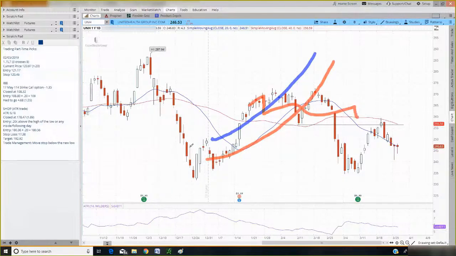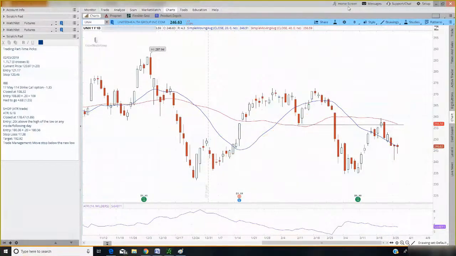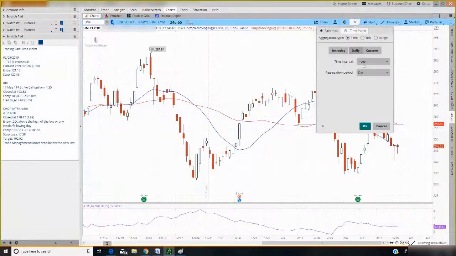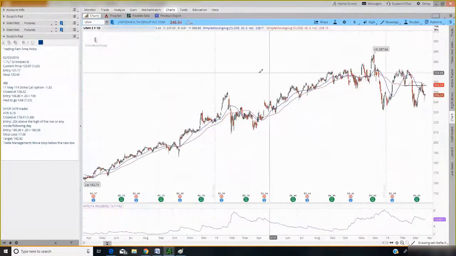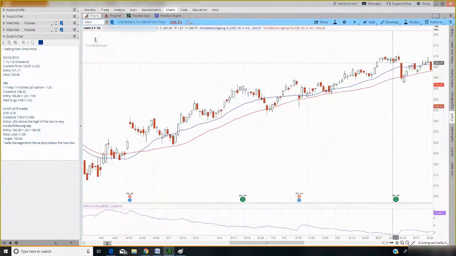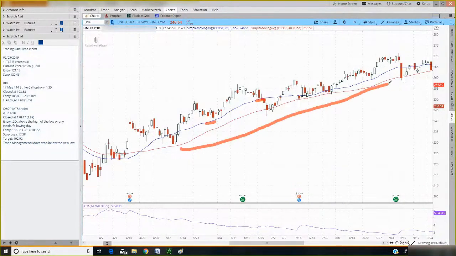This has to be going up to the upside, and this has to be going down to the downside. Very clear. Yes, this is going down, but look at this. This is sideways, not what we're looking for. We need this trend to be doing that. See the difference? Now, we wouldn't have taken all these trades because we wanted to stay above the blue, but this is what you want to see.